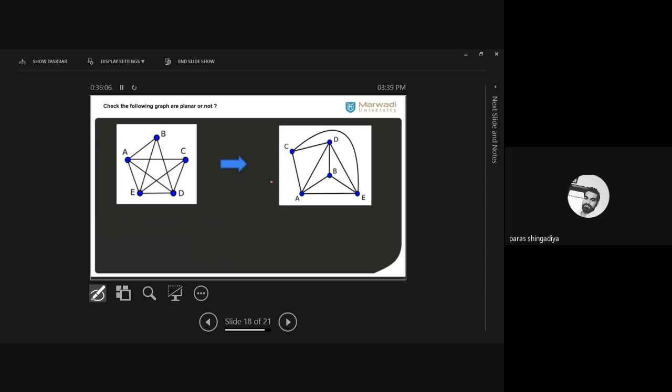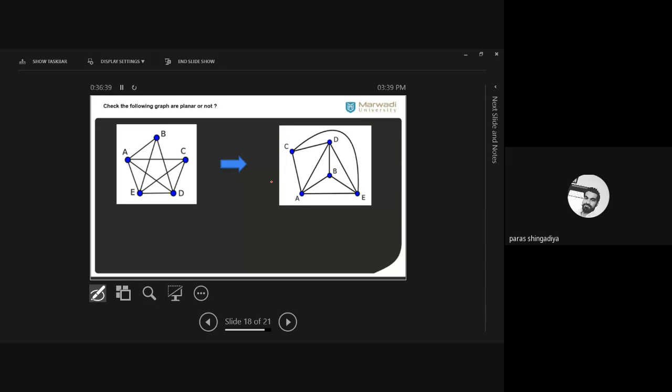What is the problematic vertex in this graph? There is one of the answers here. If we check B, B is adjacent to A, E, D. So just stretch this B to the inside of the graph.